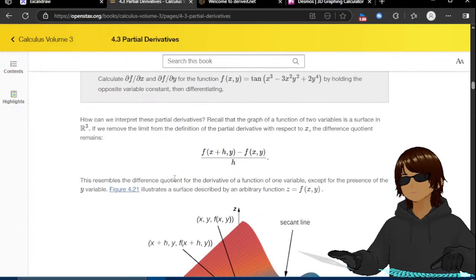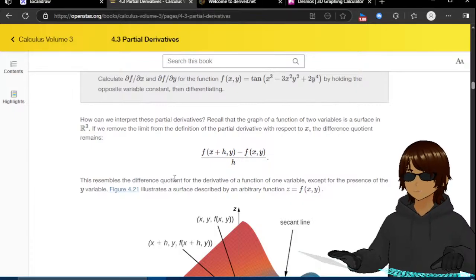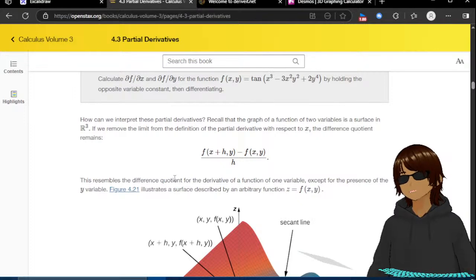How can we interpret these partial derivatives? Recall that the graph of a function of two variables is a surface in R cubed. If we remove the limit from the definition of the partial derivative with respect to x, the difference quotient remains. This resembles the difference quotient for the derivative of a function of one variable except for the presence of a y variable.